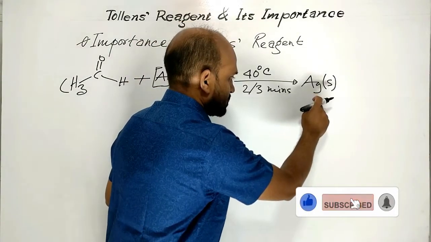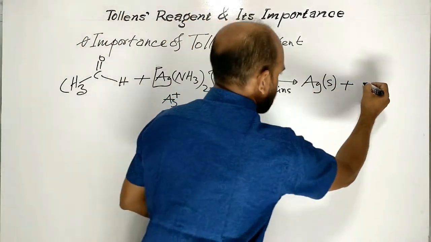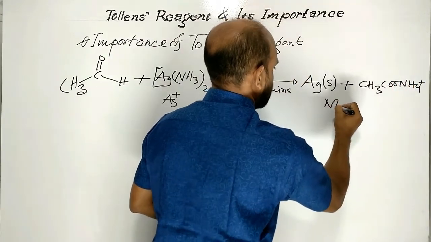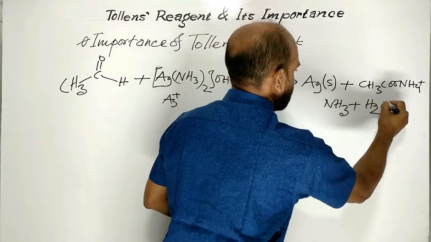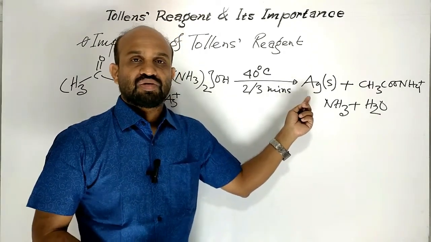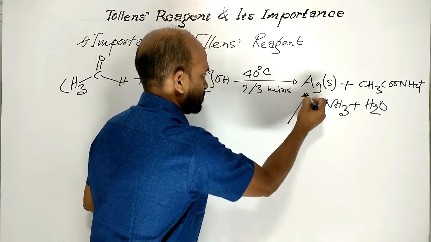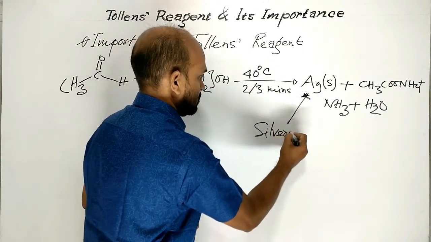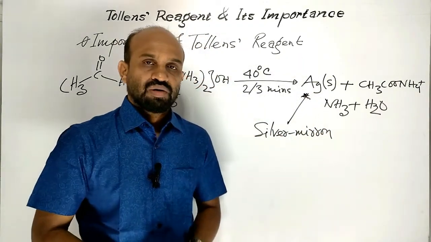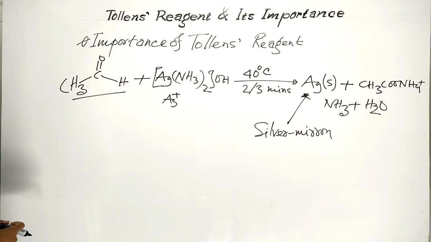That is called silver mirror. Here, the byproducts are ammonium acetate, ammonia, and water. Metallic silver that deposits on the inner wall of the test tube is known as silver mirror. This silver mirror confirms the presence of aldehydes. This is the Tollens reagent test.